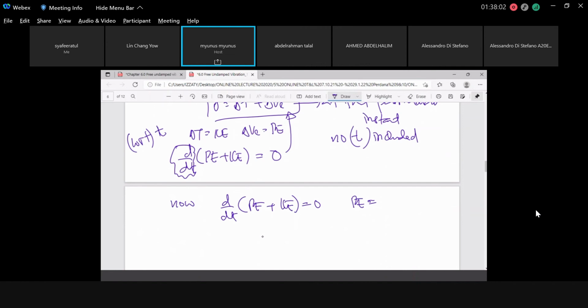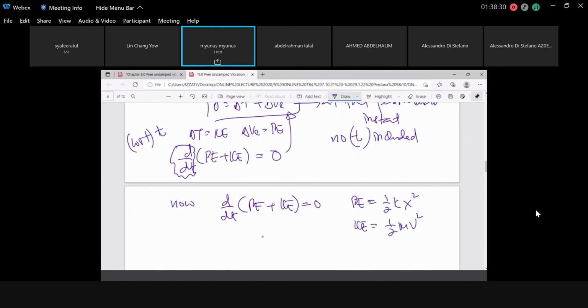What do you have for potential elastic energy for a mass and spring? Anyone? Potential elastic energy for a spring is half k x squared. Am I correct or not? And you have KE equal to half m v squared.